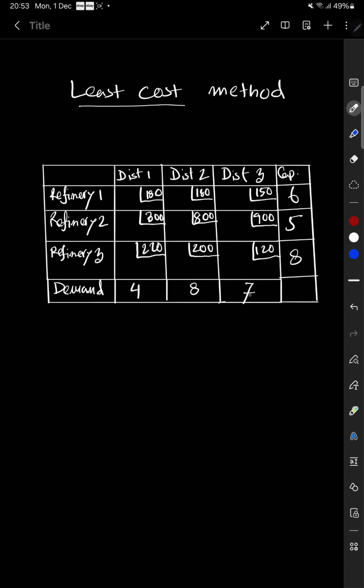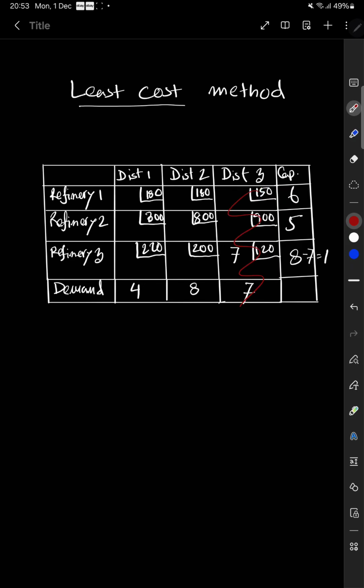So the smallest one here is 7, so we can provide 7 in here. When we provide 7 in here, then this becomes 7 minus 7 is 0, and this one becomes 8 minus 7 equal 1. So we still have one left in the row, but the column is gone, so I cut it.